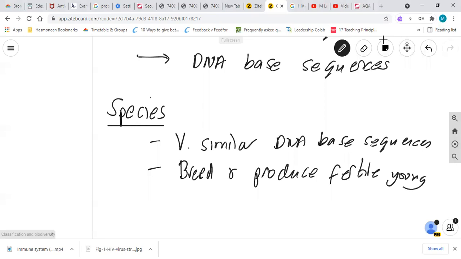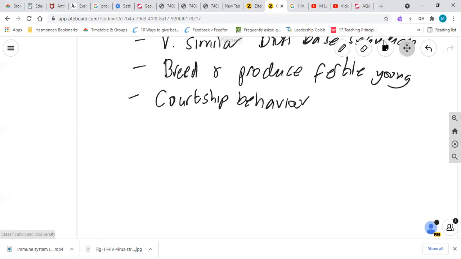We also know, and this is really important, that a lot of them, although not all of them, display courtship behavior. Now, courtship behavior could be songs, it could be dances, it could be all sorts of things.